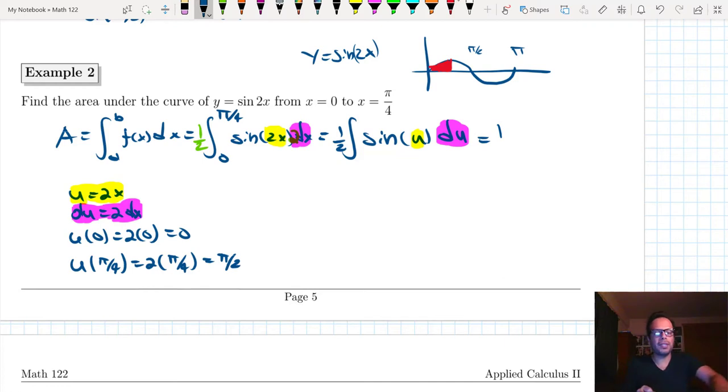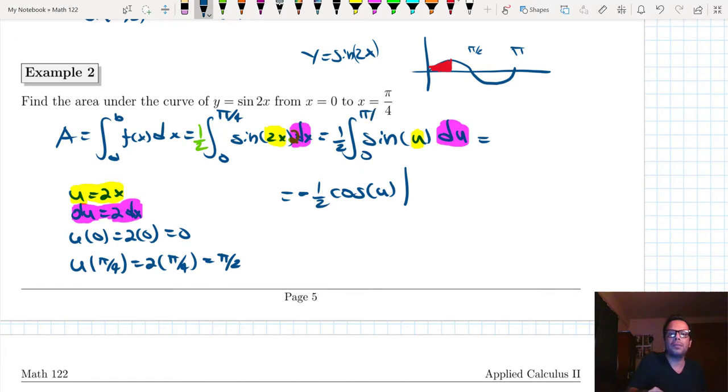Now, the integral of sine, first of all, it's going to be negative 1/2, because the integral of sine is negative cosine of u, evaluated from 0 to pi over 2. I forgot to write the limits. And this is negative 1/2 times cosine of pi over 2 minus cosine of 0.